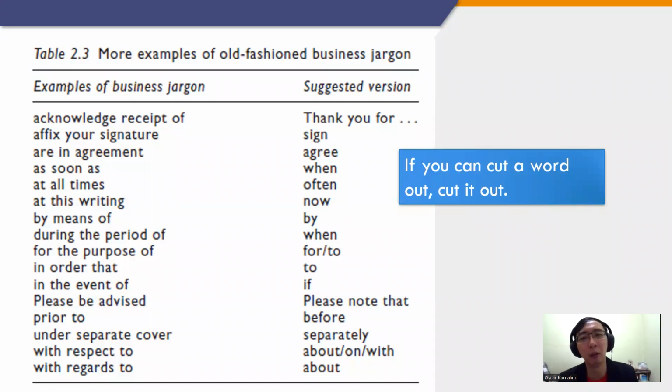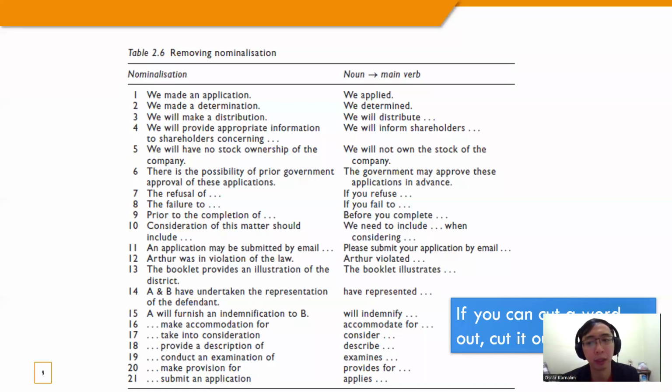If you can cut a word out, cut it out. For example, we are in agreement of blah, blah, blah. You can just say, we agree. Or as soon as can be replaced with when. At all times can be changed with often, and so on. This is another example.